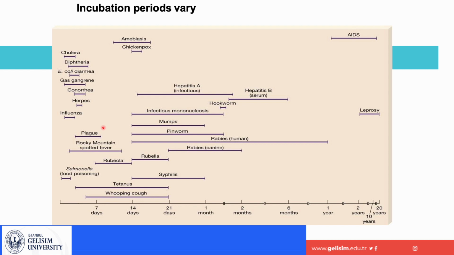Then you look at others like rabies, which can affect your body for a very long time, up to a year before it starts to show. Same thing for hepatitis: it could be silent for a very long period before it shows.